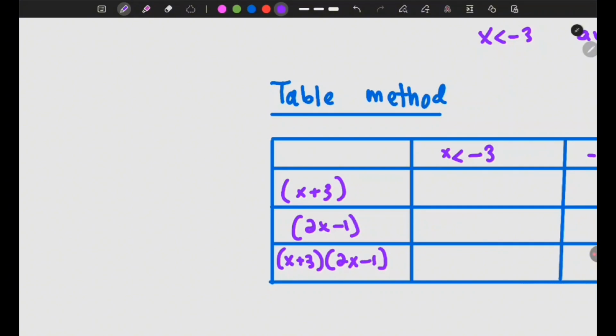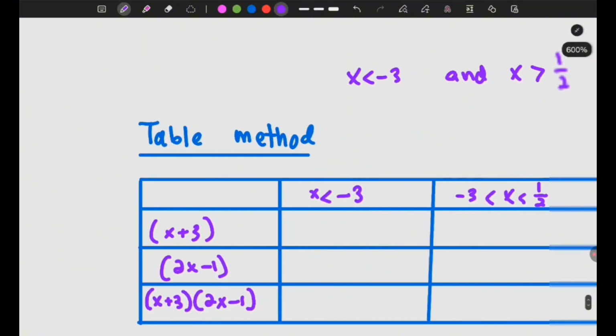And now what you do is the same thing. Any number can, we don't care what number, as long as less than negative 3. Let's just say we take negative 4. So negative 4 plus 3, what are you getting? You key in negative 4.